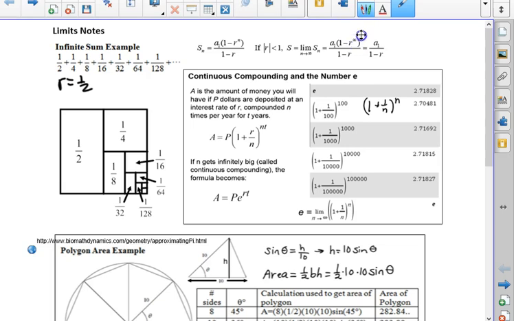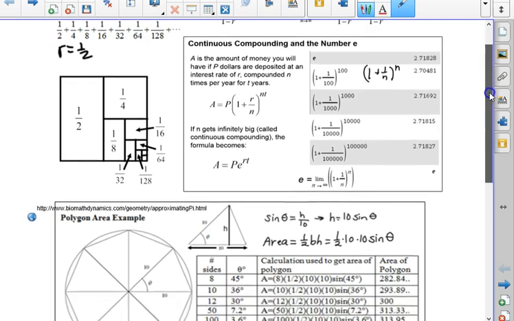So if I say 1/2 multiplied times itself an infinite number of times, that's basically 0. And so this whole numerator simplifies to just a sub 1 over 1 minus r, and that was how we found the sum of an infinite number of terms. It only worked if r was less than 1.